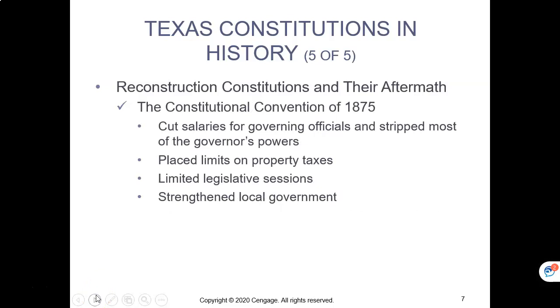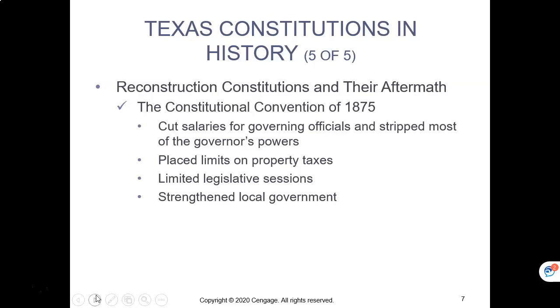And E.J. Davis tried to hold on to office. He got the Supreme Court, and he had appointed all of the people on the Supreme Court to rule that there had been a violation of the law, so the election results weren't certified. But he had clearly lost to Koch, Democrat.